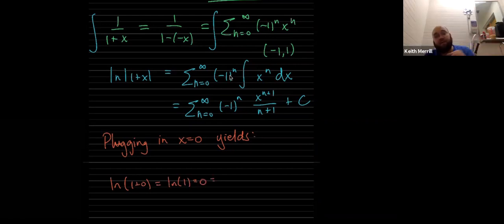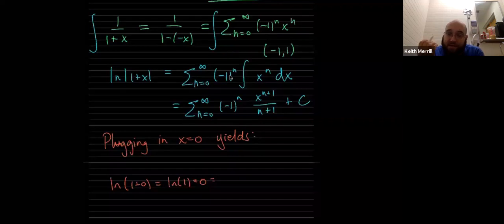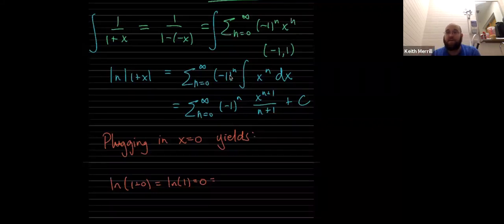So every term that has a positive power, 0 to anything positive, is just 0, and it's absolutely going to vanish. The one exception to that is when n is equal to 0. So 0 to the 0, as weirdly as it sounds, you have a bit of an issue here, because we say that 0 to the anything is 0, but anything to the 0 is 1. So you get an issue about how to actually handle 0 to the 0, but mathematically we define 0 to the 0 to be 1.